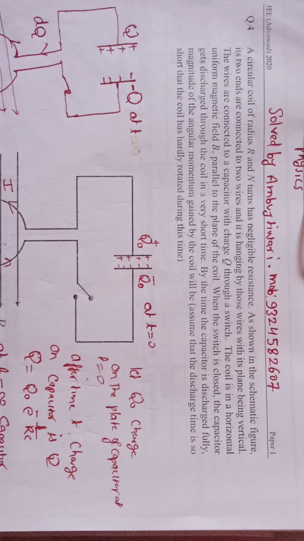Simply, when a magnet or a magnetic dipole is placed in a magnetic field, a magnetic torque acts on the magnet. We calculate the torque, and when we get the torque, we find the angular momentum. So to solve this problem, first we see the circuit.